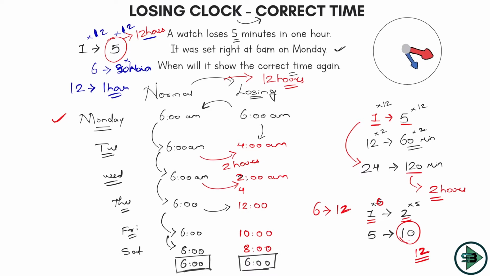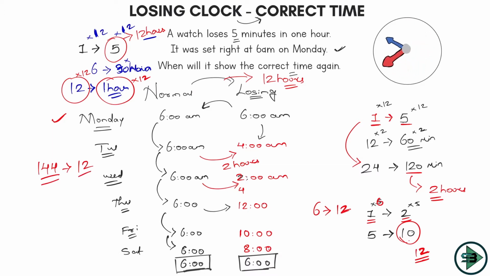Right? I need to make this 1 to be as 12. Because difference between the timing has to be 12 hours. So multiplying both sides by 12. 12 into 12, 144. And 1 into 12, 12. So in 144 hours, the difference between their timing will be equal to 12 hours. Okay, and 144 hours means how many days?